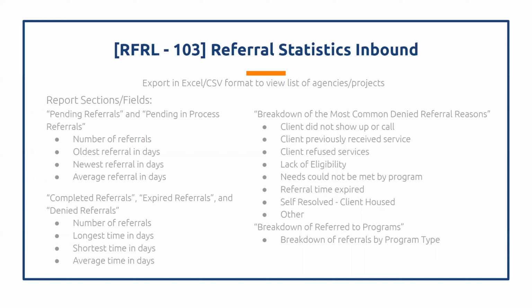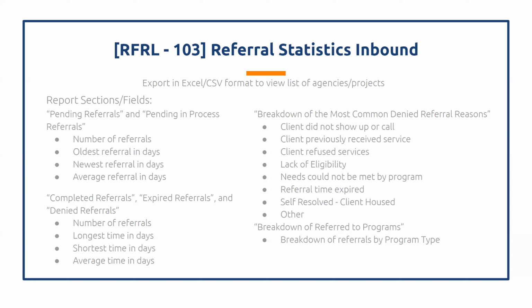The report itself is divided by sections for each of the referral activities. And under the pending and process referrals, you'll see statistics on total number of referrals, oldest, newest, and average referral in days. Under the completed, expired, and denied referrals sections, you will see data on the total number of referrals and then longest and shortest and average time in days.